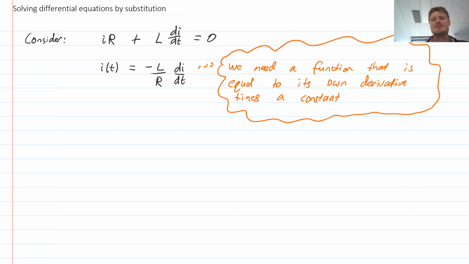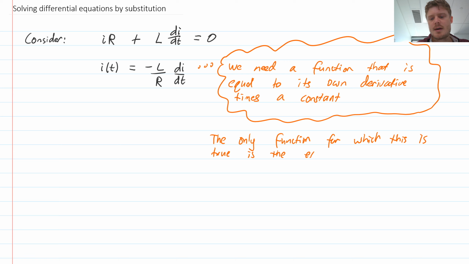The only function for which this is true is the exponential.